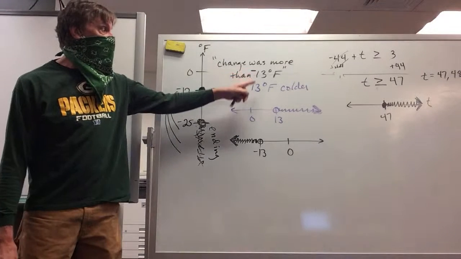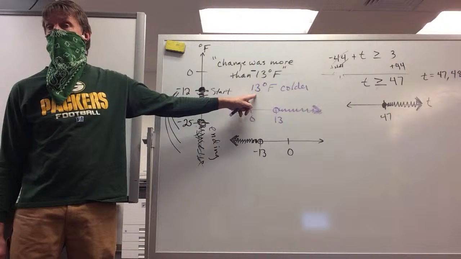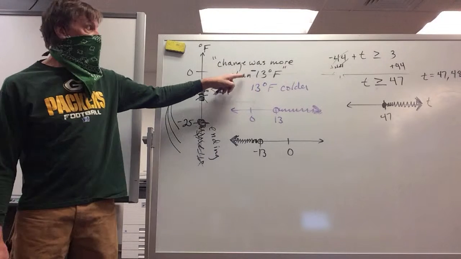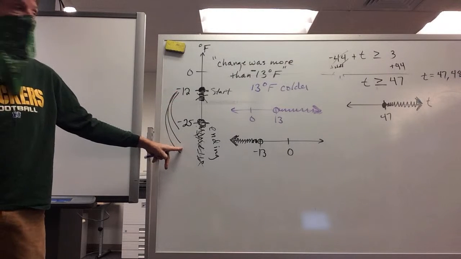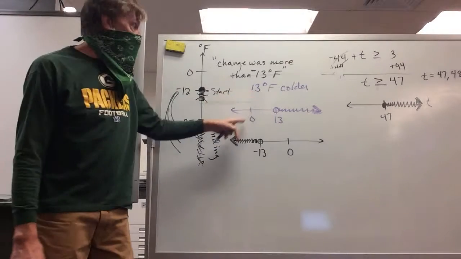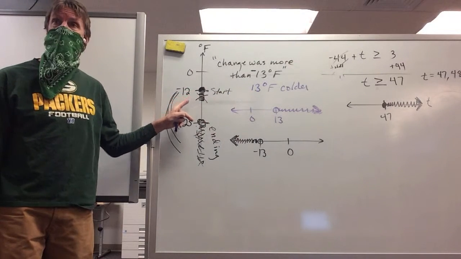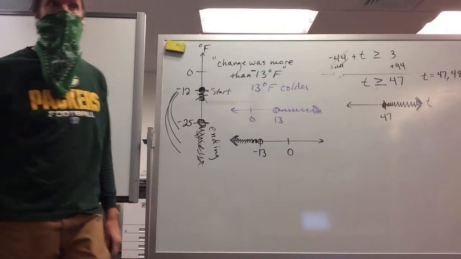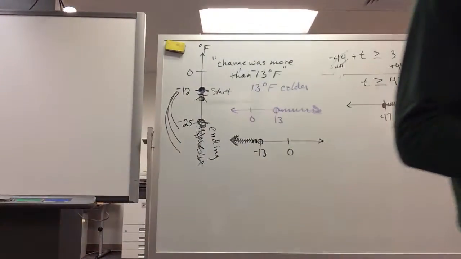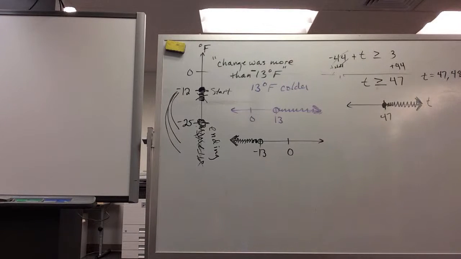Because -13 is the opposite of 13. So the black one is kind of like if you added negative numbers to go down. And the purple one would be like if you subtracted positive numbers to get colder. So if that one's fuzzy, don't live or die on that one. That's a hard one.